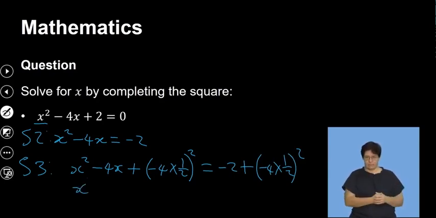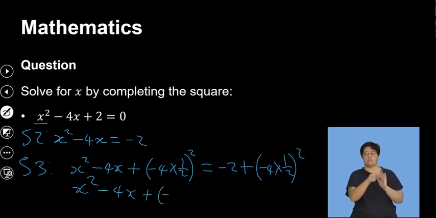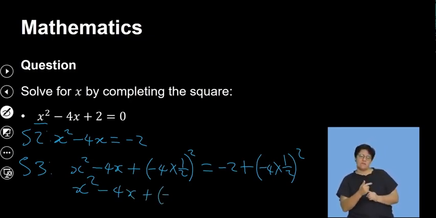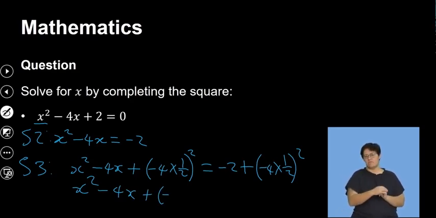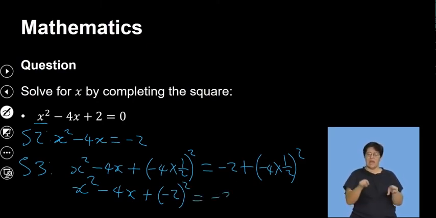So simplify it first quickly. It becomes x squared minus 4x plus negative a half multiplied by negative 4, which will give me negative 2, and then squared. This will be equal to negative 2 plus negative 2 squared, which is just going to be 4. I've already simplified it on the right.